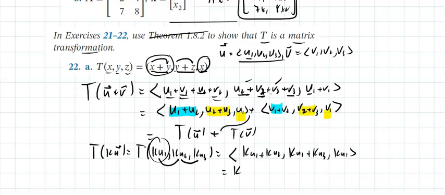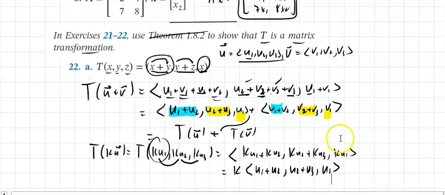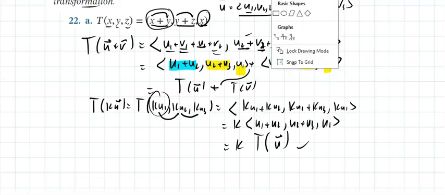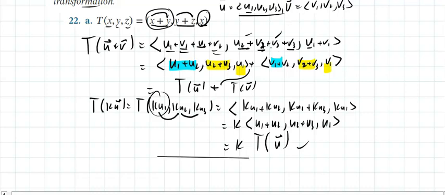Wouldn't you say this is k multiplied by u1 plus u2, u2 plus u3, and u1? And wouldn't this mean that this is k times the transformation on simply u? And there it is. We just proved that this is a linear transformation.